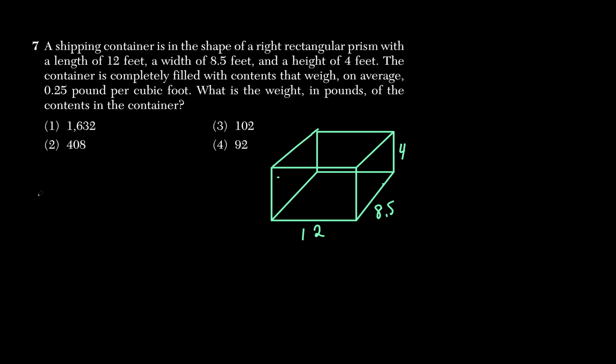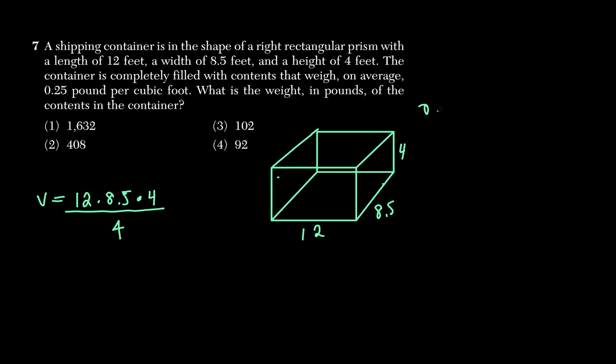So first of all, let's find the volume of this shape. The volume of a rectangular prism is just the product of all its sides. So we have 12 times 8.5 times 4. And then of course, we're going to divide everything here by 4. Why are we dividing everything by 4? Because it says on average 0.25 pounds per cubic foot.